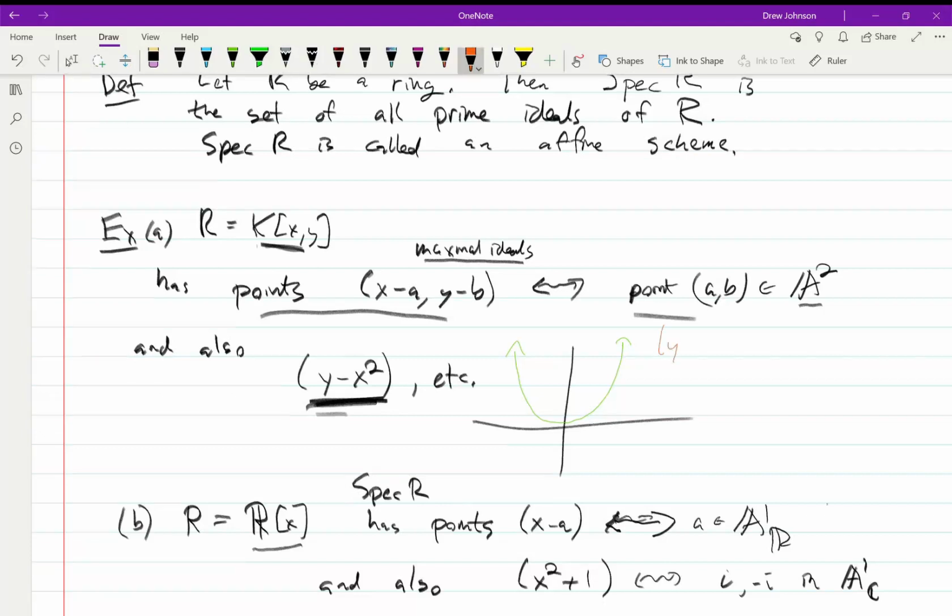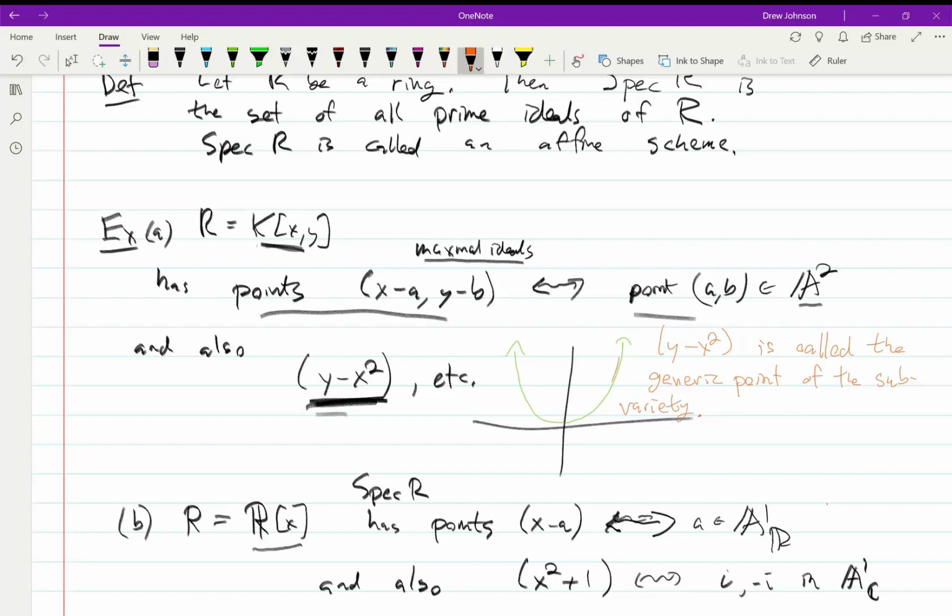All right, so y minus x squared here is called the generic point of the subvariety. In this case, the subvariety is this parabola here.